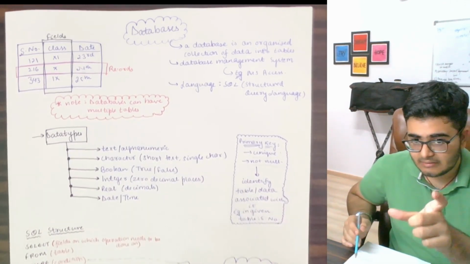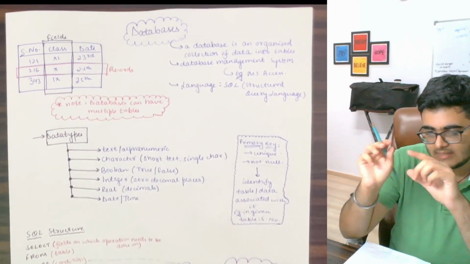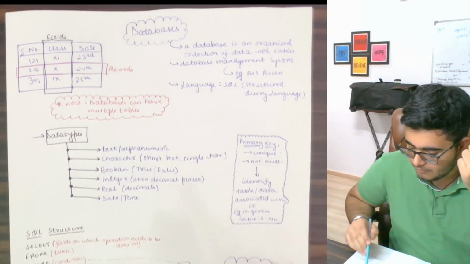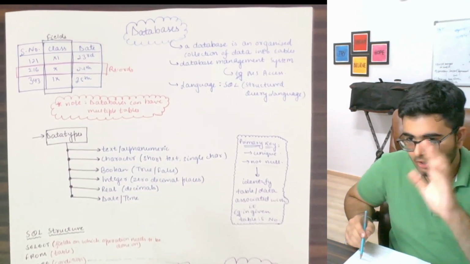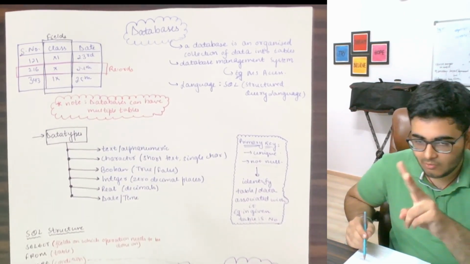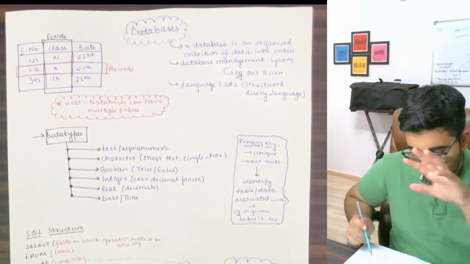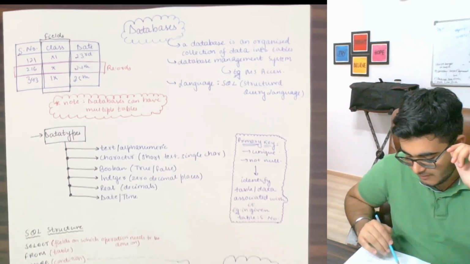Character is a single character, a single box, a single character basically. Boolean is obviously true or false, yes or no. Any field where you are required to put only true or false, only two options, 1 or 0, any two options, this is the right data type for that field.